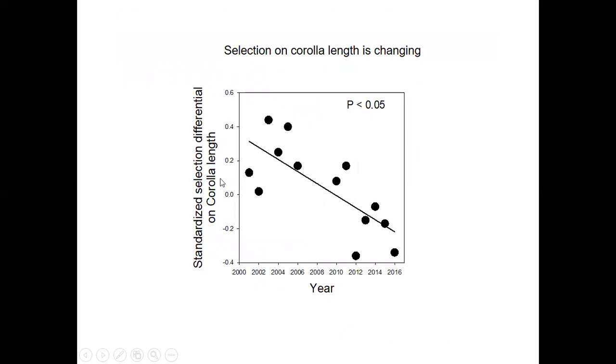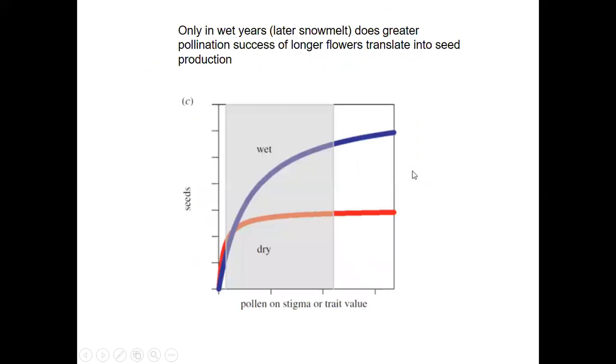If you plot selection intensity versus year, selection is getting weaker and weaker on corolla length. So here's our working hypothesis for what causes this. In wet years with later snowmelt, the greater pollination success of longer flowers can translate into greater seed production.